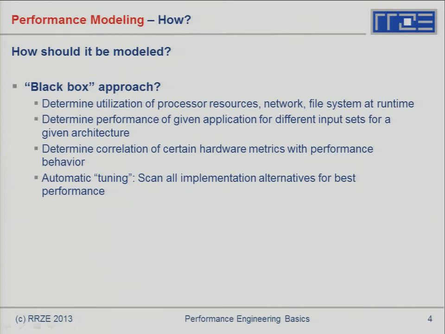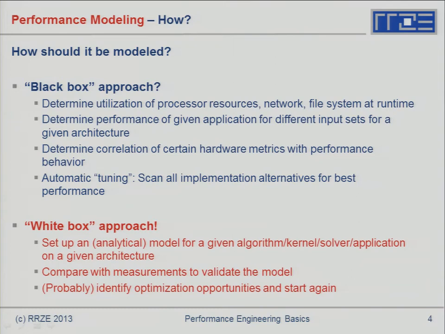You do it automatically. The white box approach is different. We set up an analytical performance model for a given algorithm or kernel. So we always start at the loop kernel on a given architecture. We use hardware counter measurements, so we use tools to validate the model.